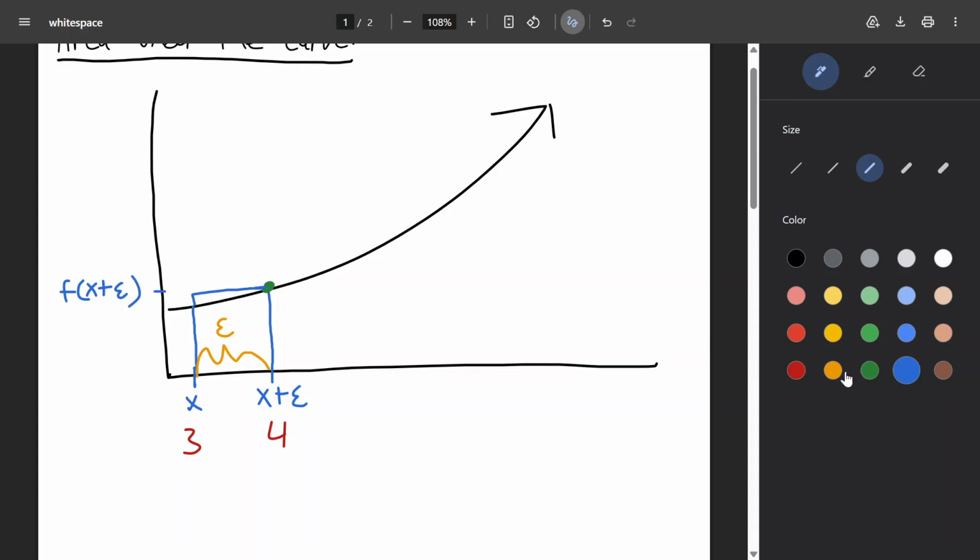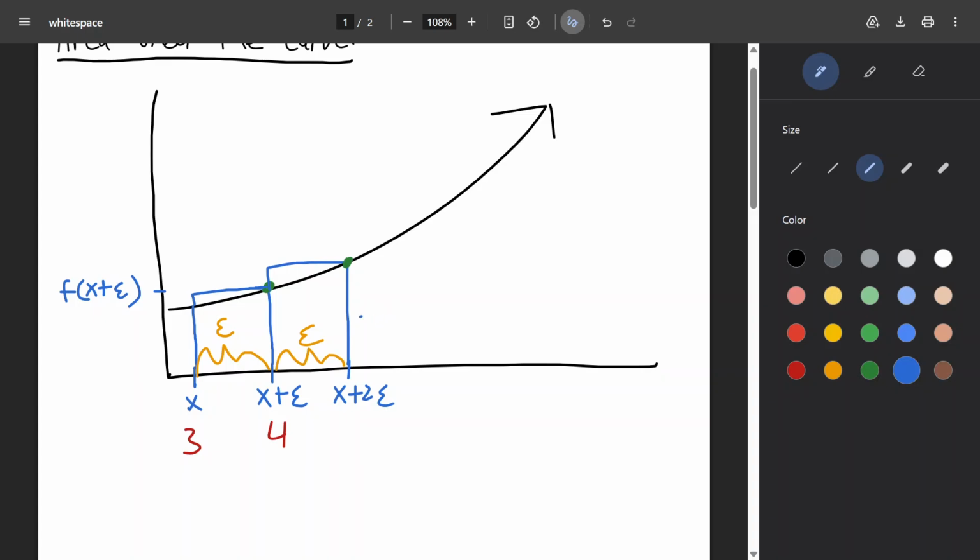Great. For the sake of convenience, the next rectangle I draw, I want it to have a base of the same length as my first rectangle. So if I push x plus epsilon units away again, I'm going to land at x plus 2 epsilon. Perfect. Let's finish drawing this rectangle. So this base here would also be epsilon.